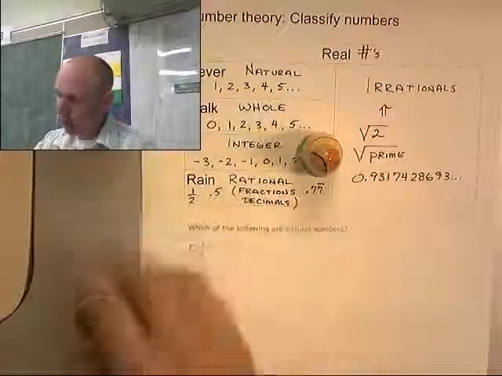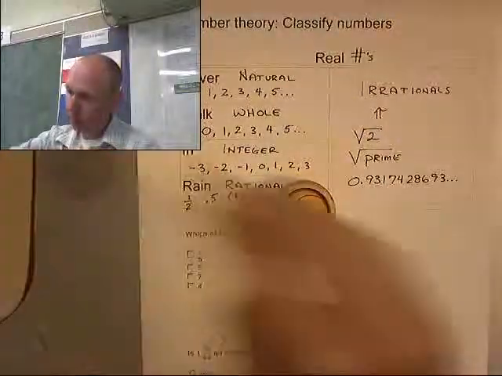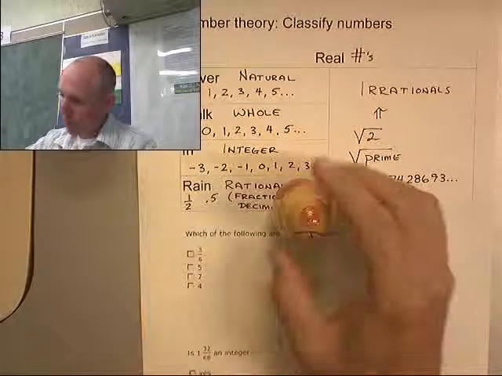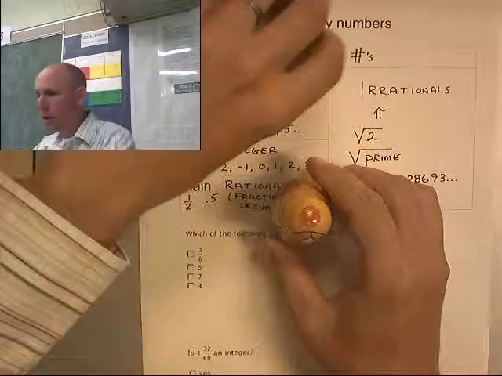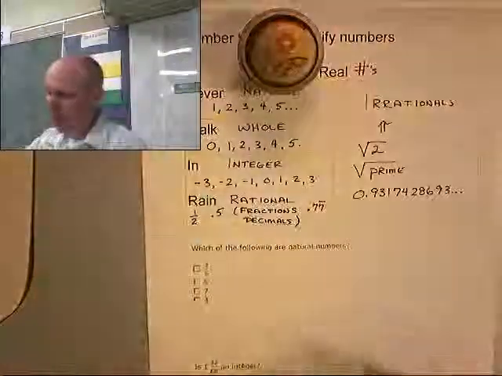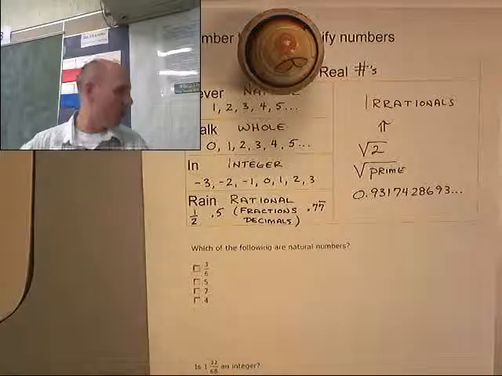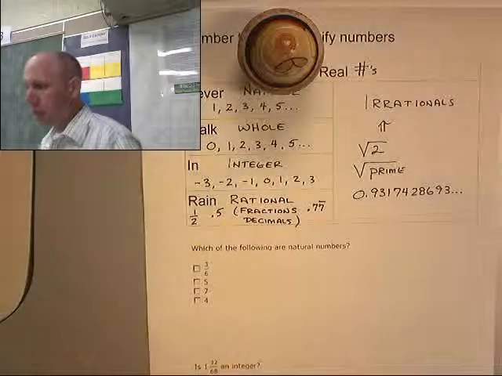And all the integers fit inside the rationals. And then all the rationals fit inside the reals, but these crazy guys fit in there too. I don't know what's a good way of showing you those guys getting in there?